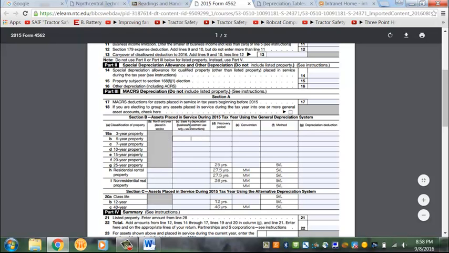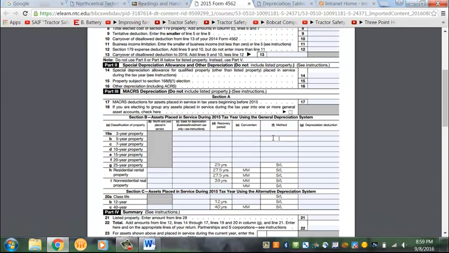On here we would do the basis or the cost, then the recovery period is going to be 5 years. The convention we know is either going to be half year or mid-quarter. The method is going to be our 150 declining balance, and then column G here is going to be what our deduction is.